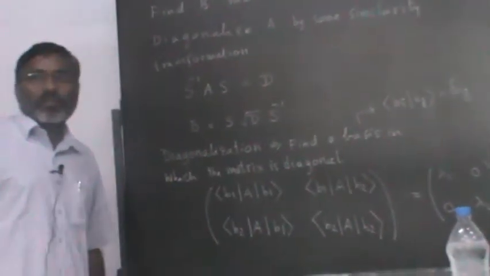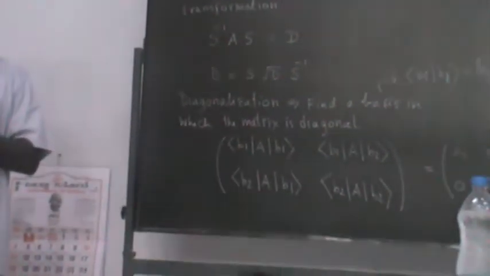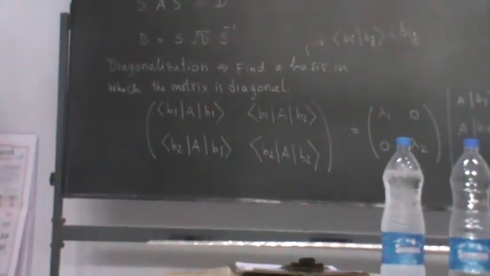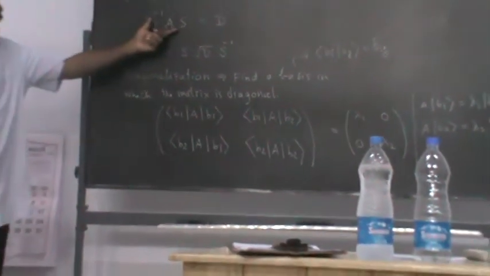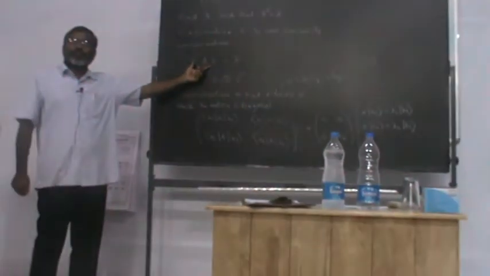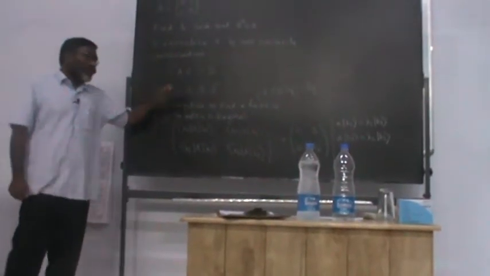So when you write down this eigenvector matrix, you know that you can make a transformation of the basis of the matrix A, a similarity transformation. Correct?